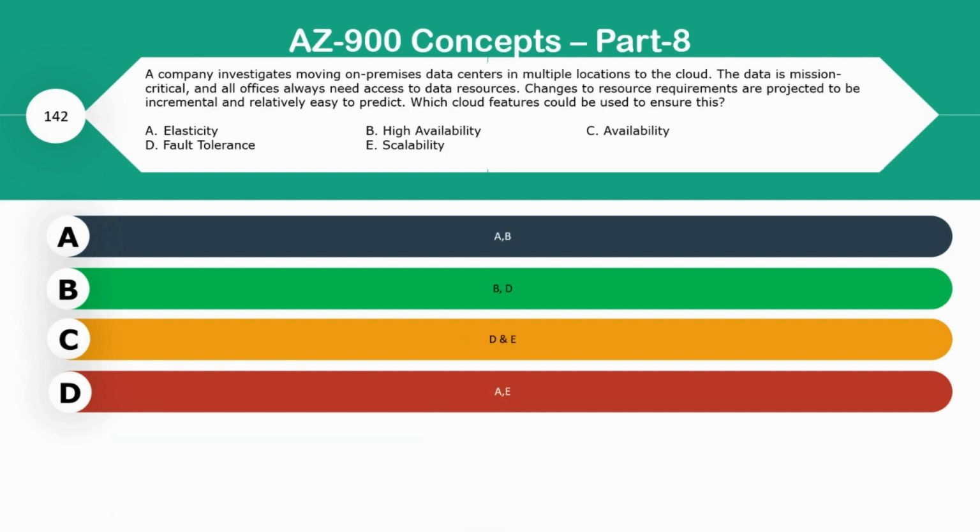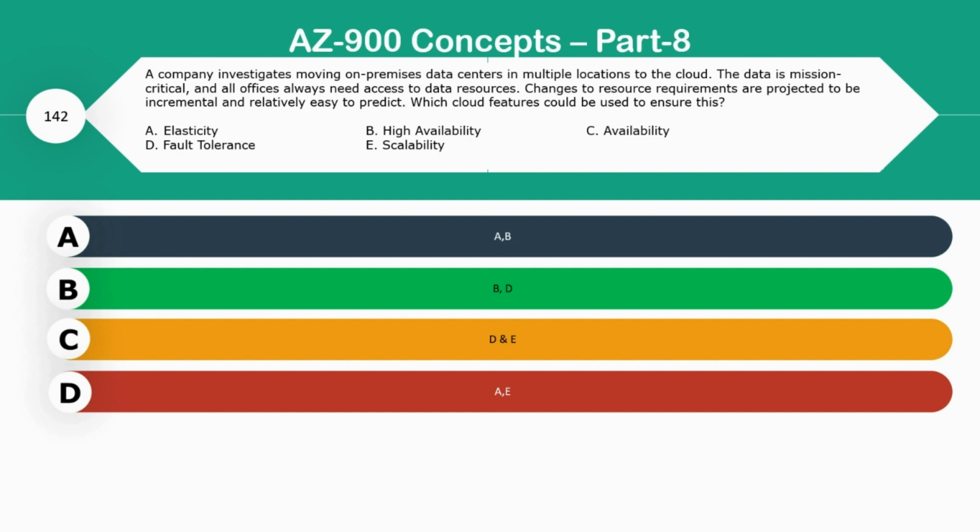Next question. A company investigates moving on-premises data centers in multiple locations to the cloud. The data is mission critical and all offices always need access to data sources. Changes to resource requirements are projected to be incremental and relatively easy to predict.